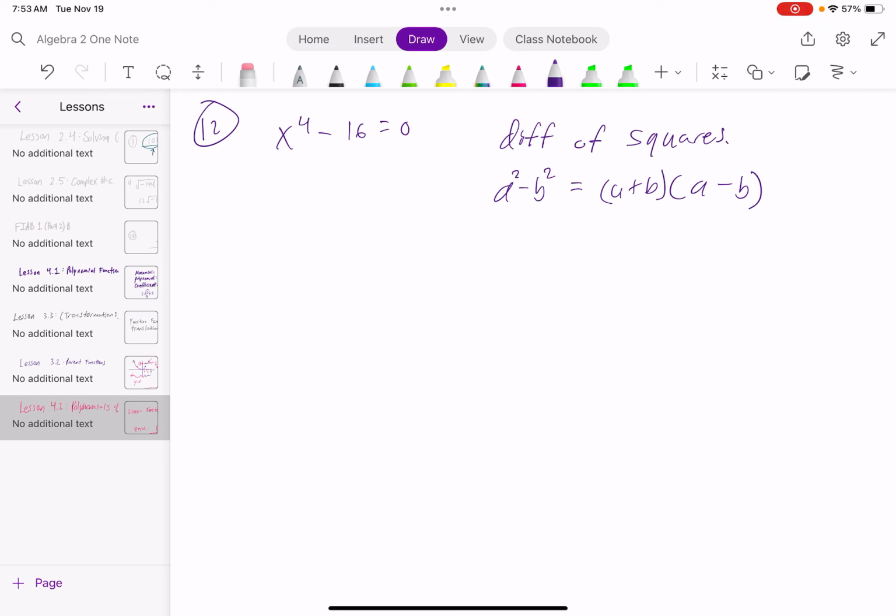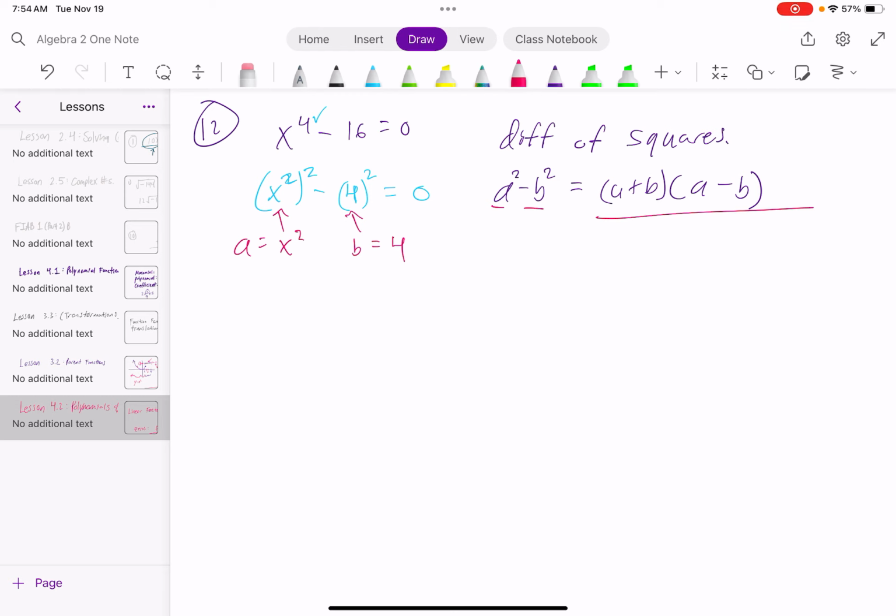And how do I know? Because this is x squared squared, 2 times 2 is 4. That checks out. Minus, and this is 4 squared. So that means a is x squared and your b is 4. You just plug it in.